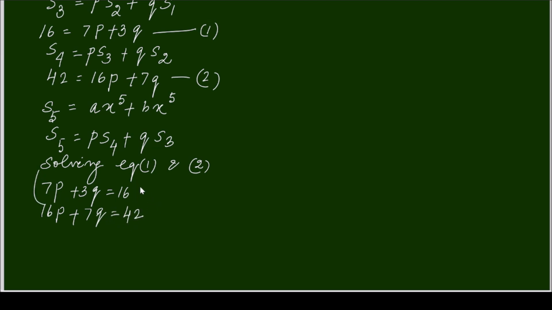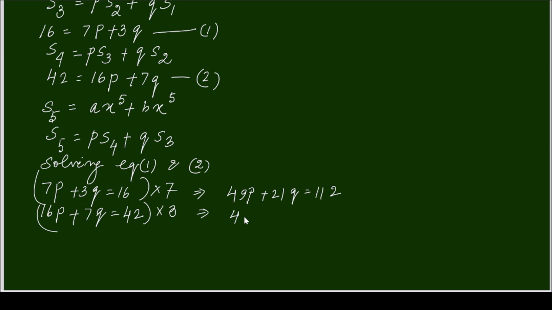So I can multiply the first equation with 7. This gives me 49p plus 21q equals 112. And the second equation I'm multiplying with 3 so that I can make the coefficient of q equal.